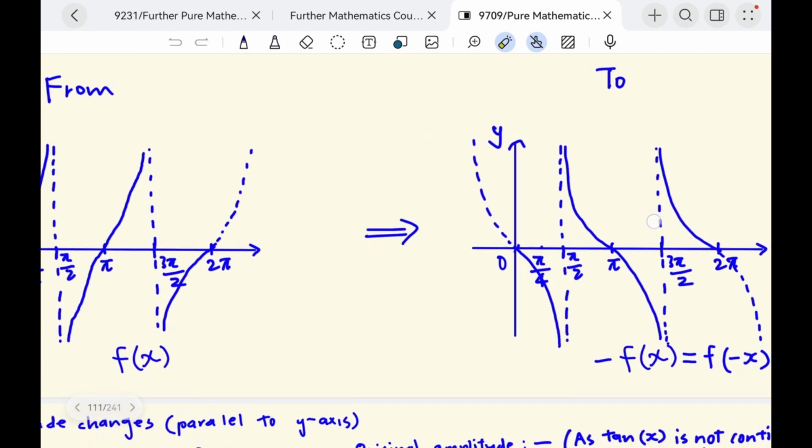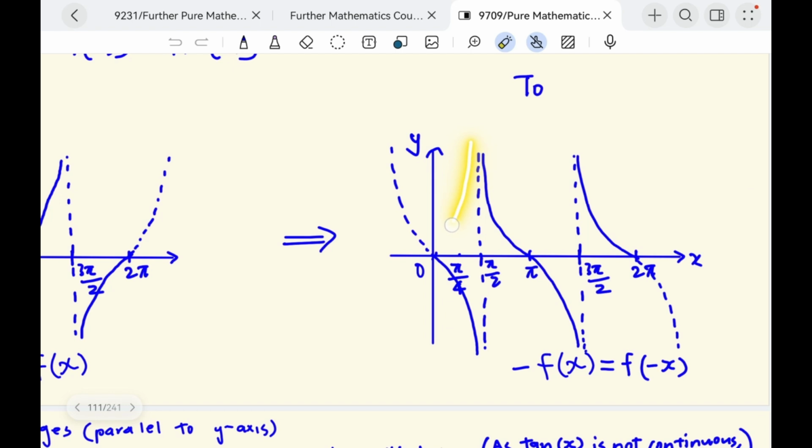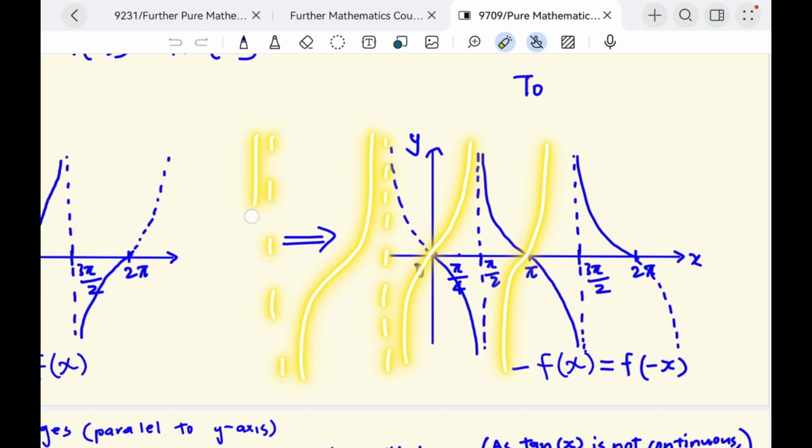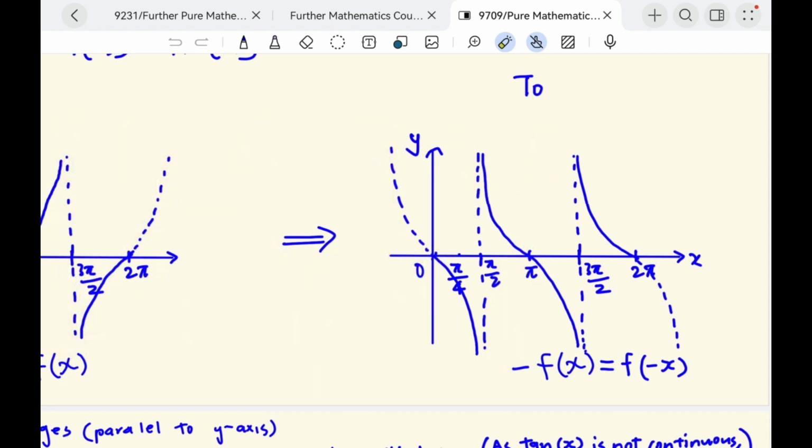This means the original graph of tangent also has a negative interval, and it continues until infinity.